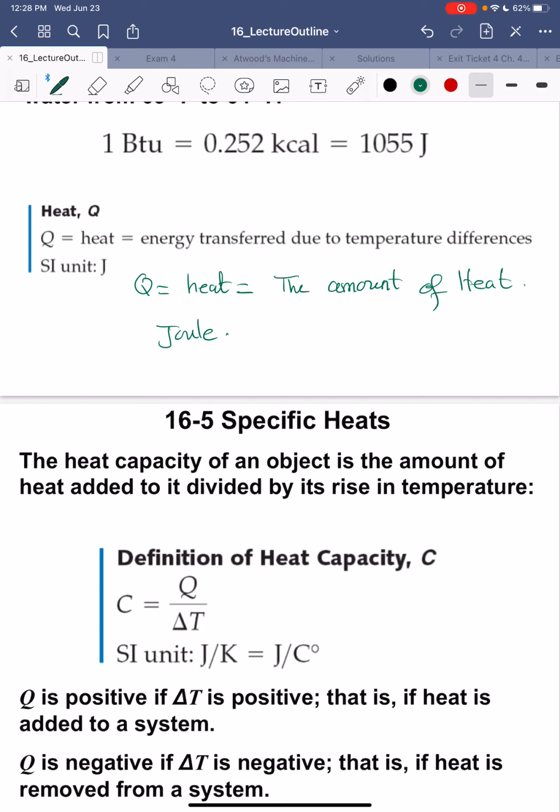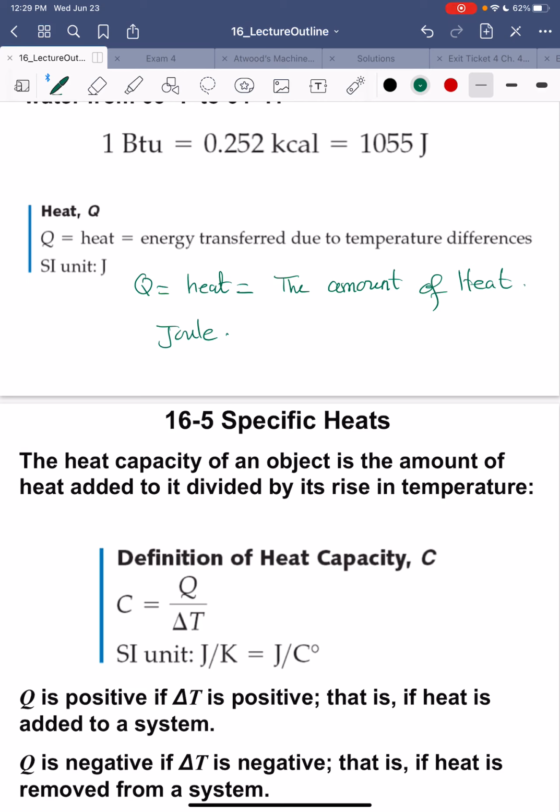Now let's talk about how materials respond to heat. If I am transferring heat from one object to another, or taking heat off something, or the heat is moving out, like it was expelled, how is this going to affect the temperature?